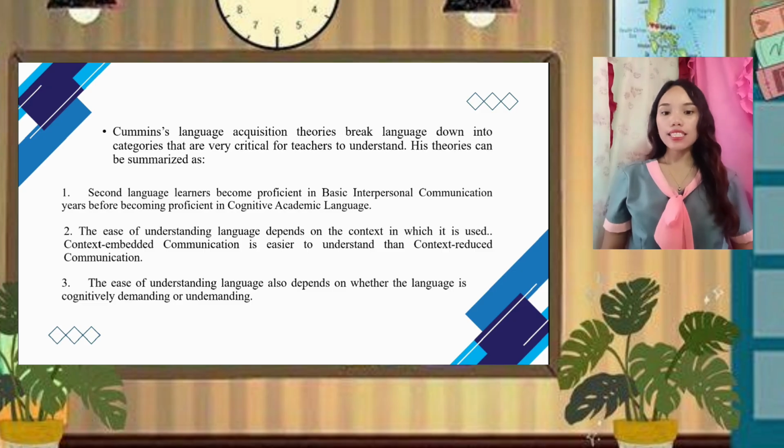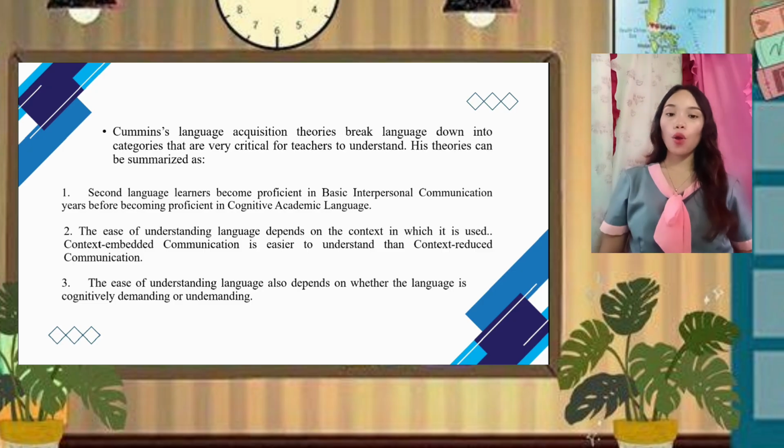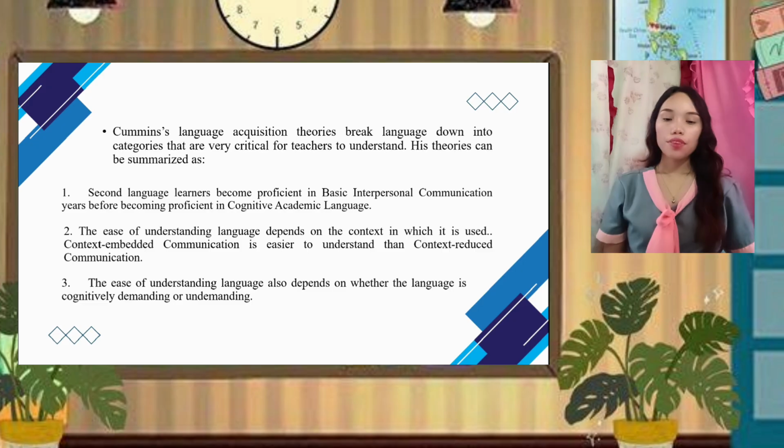Second, the ease of understanding language depends on the context in which it is used. So, context-embedded communication is easier to understand than context-reduced communication. Third, or lastly, the ease of understanding language also depends on whether the language is cognitively demanding or undemanding. So those are Cummins' language acquisition theories.